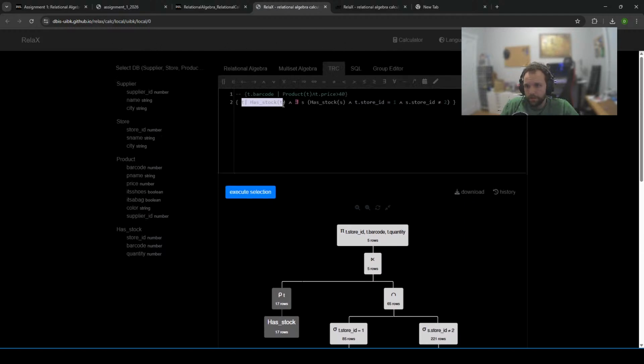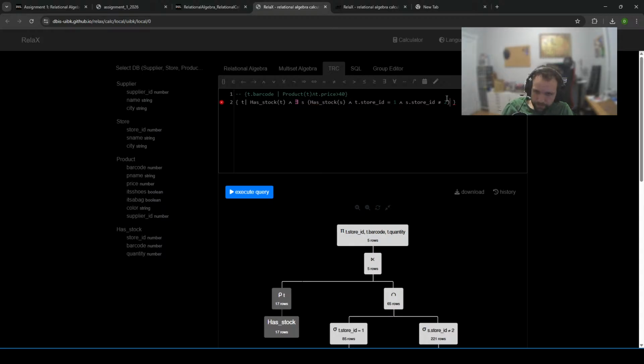Alright, there's a T. Find all tuples such that it is a tuple from has stock and there exists an S that has stock. Why do I need one of those?